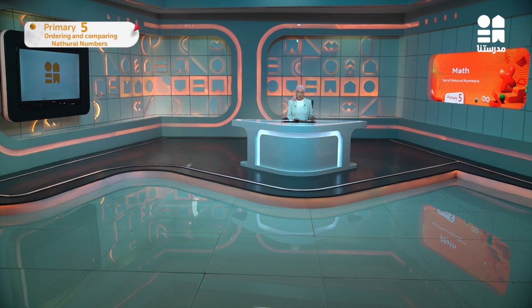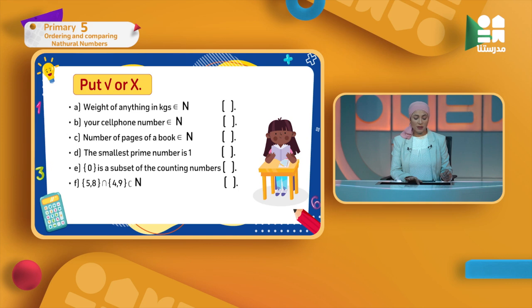We have here a new question, which is put true or false, or put tick or cross. The first question that we have is the weight of anything in kilograms, does it belong to N? Of course not, because sometimes we have half a kilo, quarter a kilo, 2/3 of a kilo.